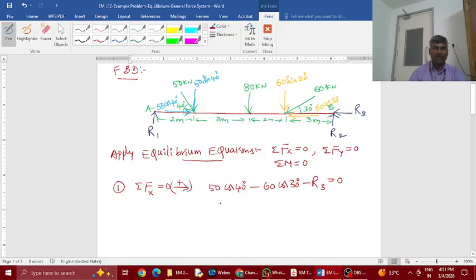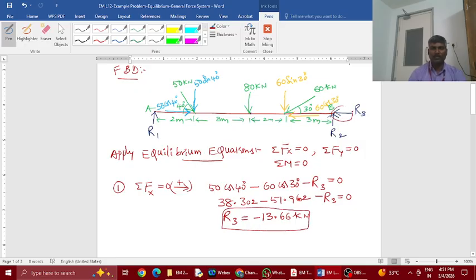So if you work out this value, this is 38.302 minus 51.962 minus R3 is equal to 0. So working out, we'll get the R3 value as minus 13.66 kilonewton, which means that the direction that you assumed here is not correct. So you just correct that direction. So I'll correct the direction.